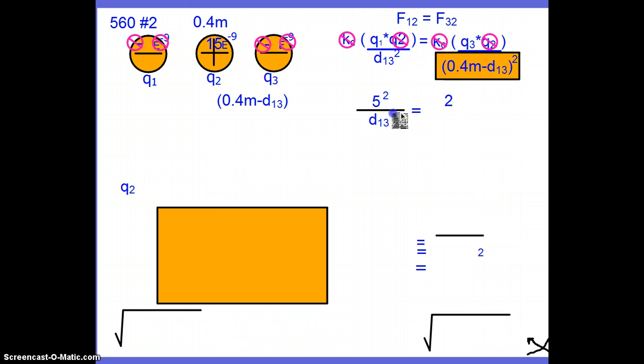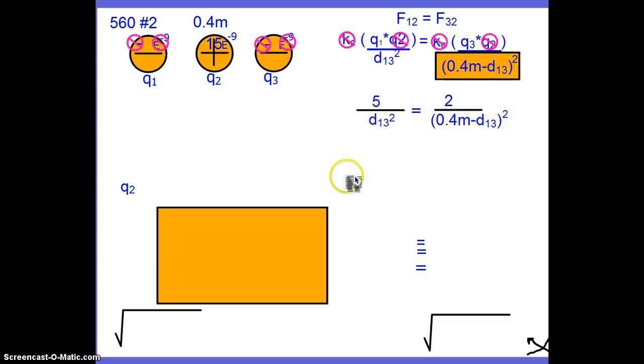Oops, I put the square in the wrong spot, didn't I? And the distance expression there goes in the denominator with the squared attached at the end. Alright, so let's just kind of make sure that we understand why we have that there. We're not putting our charge 2 in because it's canceled out. We're not putting Coulomb's constant in because that's canceling out.